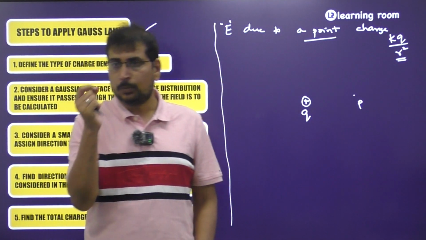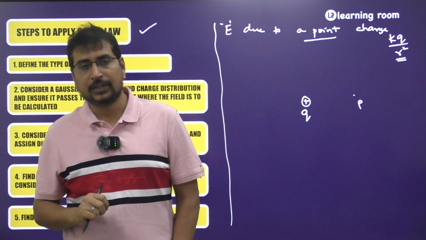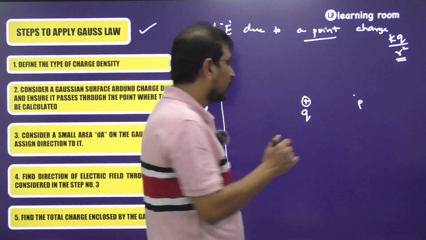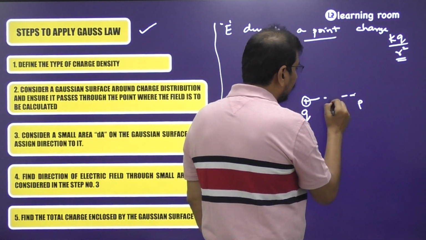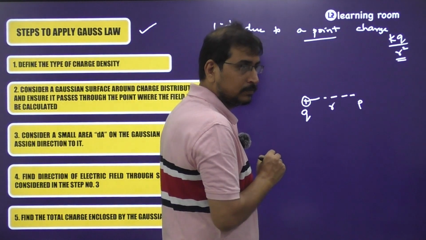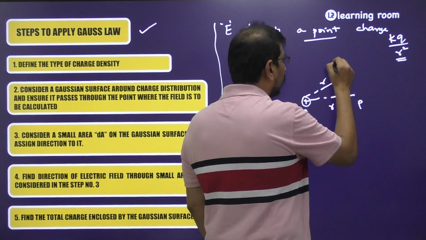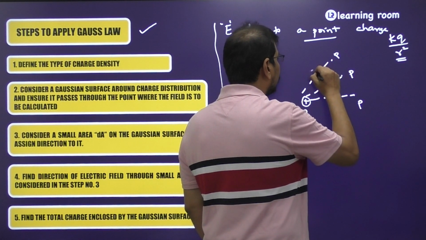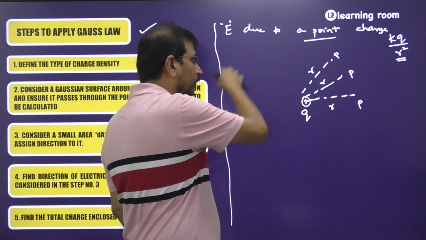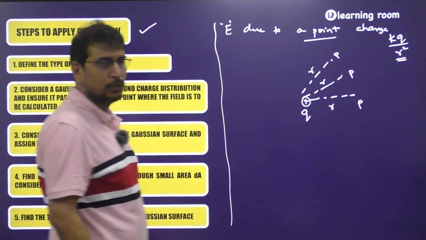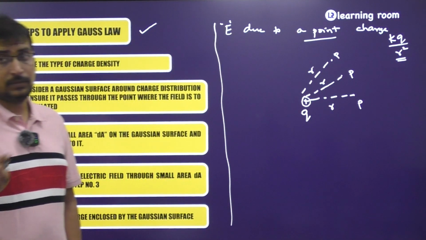With respect to a point, what is the symmetric shape that you can get? This point P could have been here at a distance r, or here at a distance r, or here at a distance r. Like this, it can be anywhere. If you join all these points, what is the shape you are going to get? You get a circle.